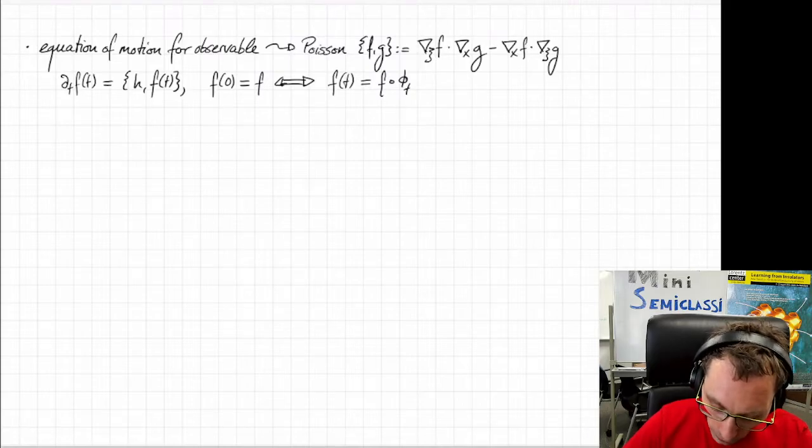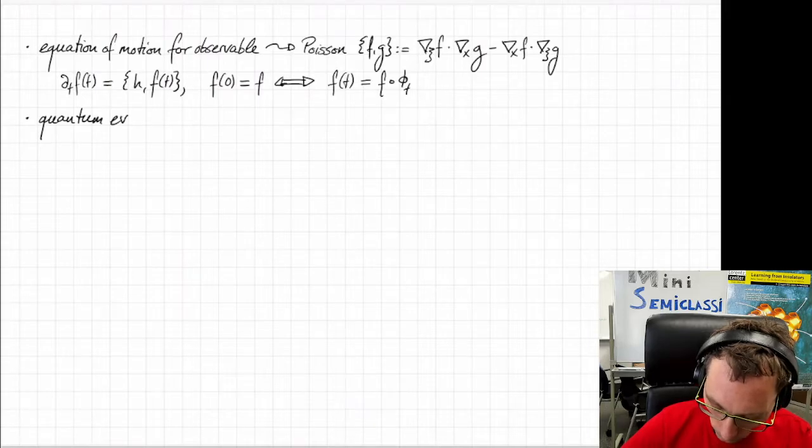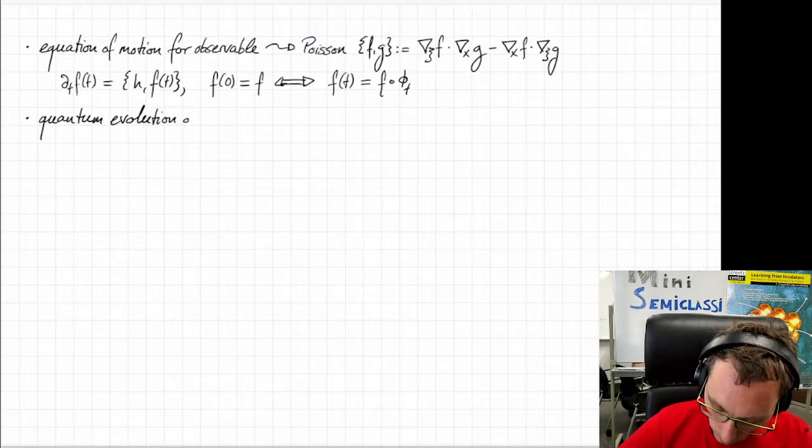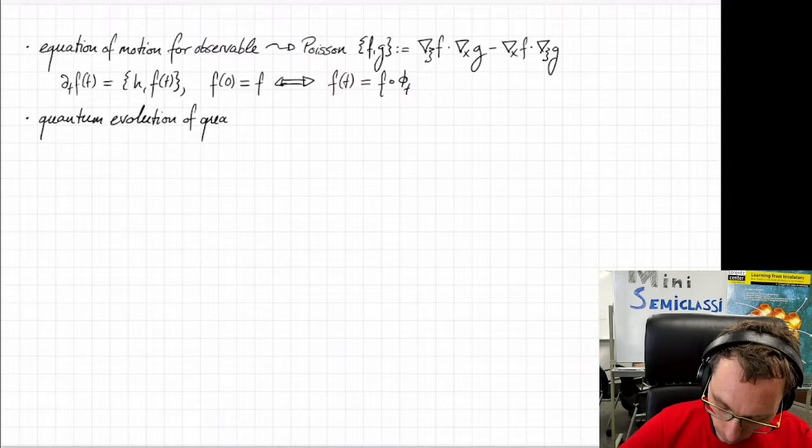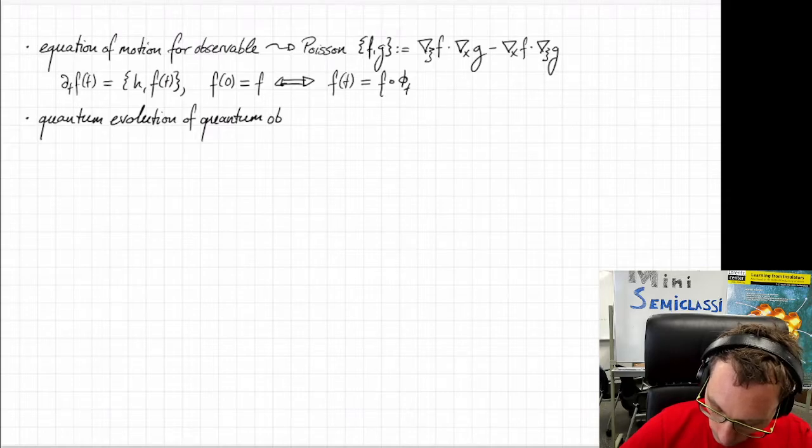And now let's look at the corresponding quantum evolution. Of course, this is the evolution for quantum observables.